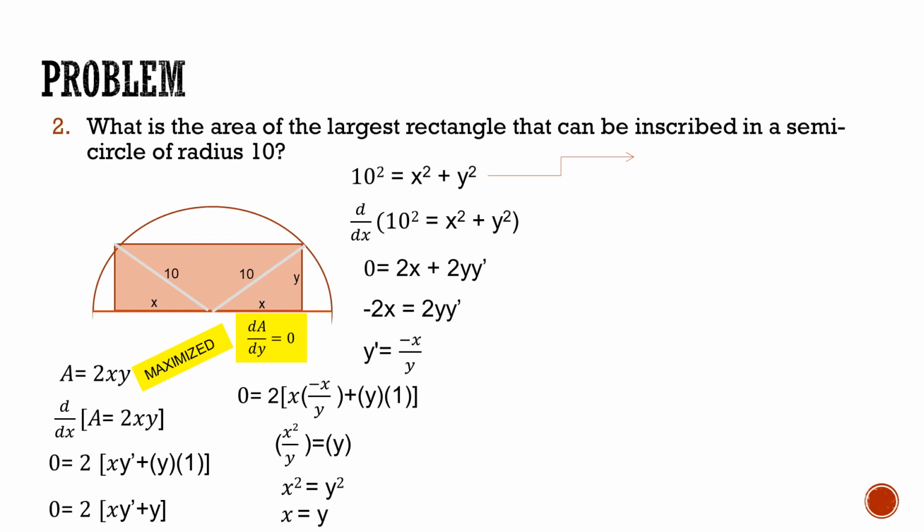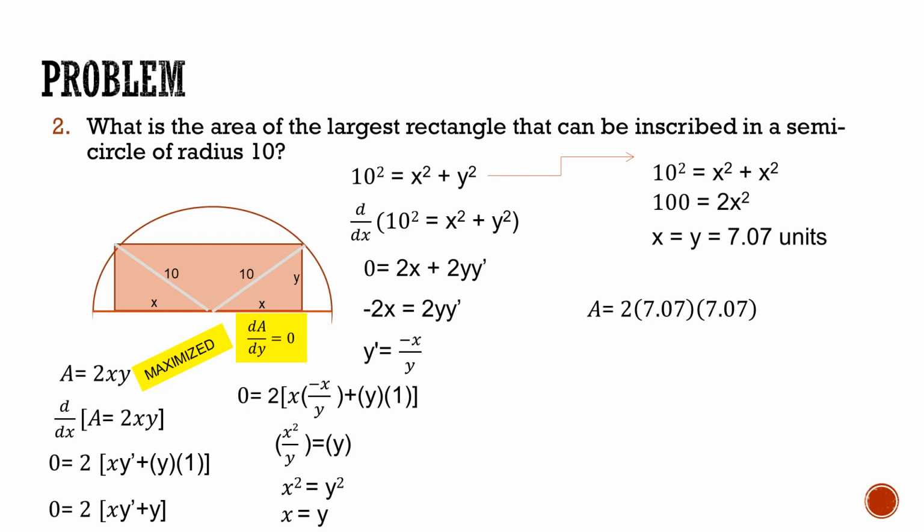Knowing that, substitute lang natin yung isang x dyan. Okay, manipulate, and then we find x and y dimensions which are equal to 7.07 units.